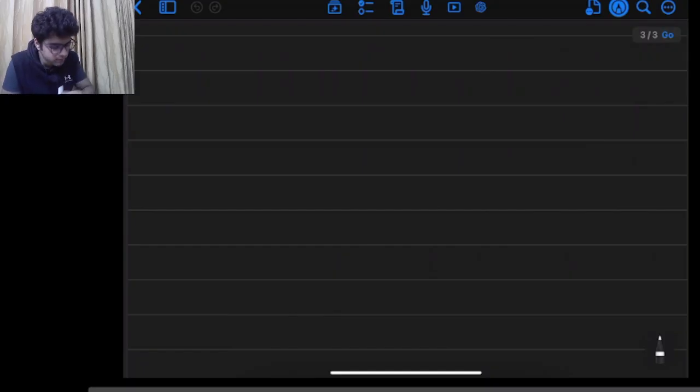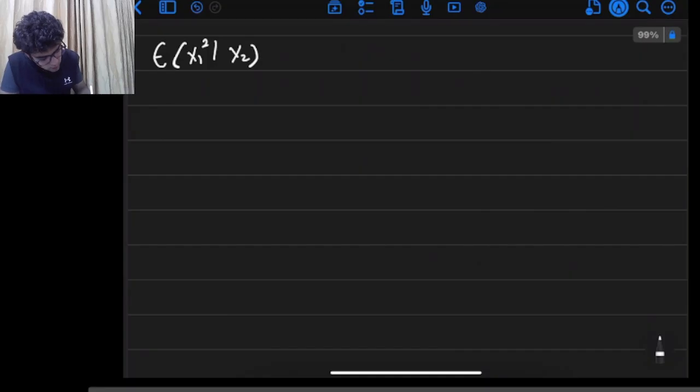This means that we need to compute this expected value of x1 square conditional on x2.